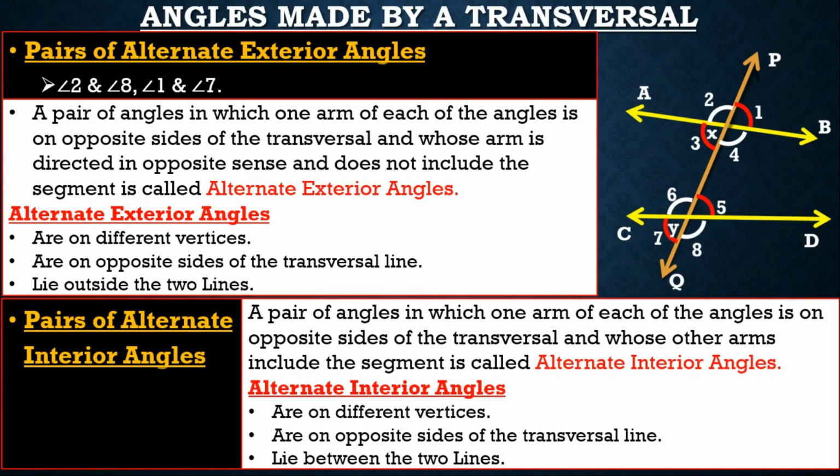So which are the two conditions from the statement? That one arm should be on the opposite side of the transversal. So arm AX and arm DY are lying on the opposite side of the transversal. And what is the second condition? That the other arm should include a line segment.